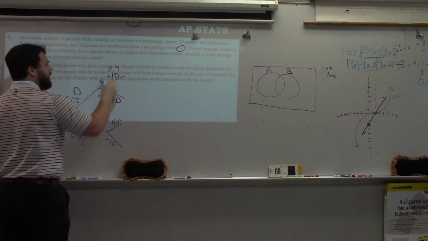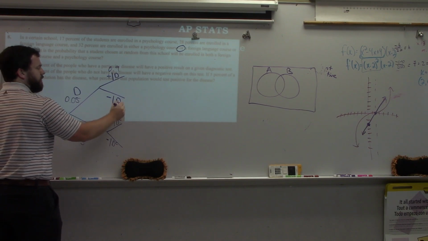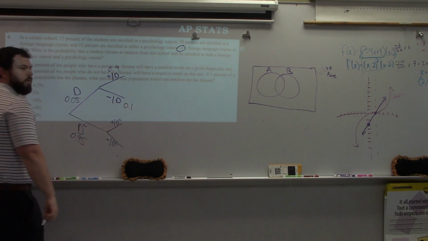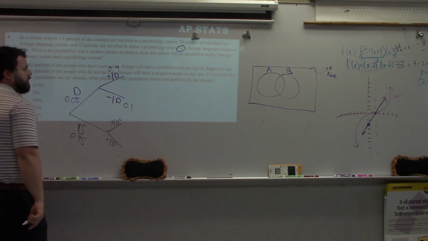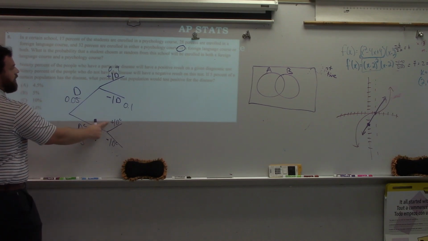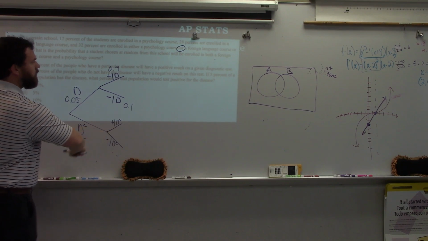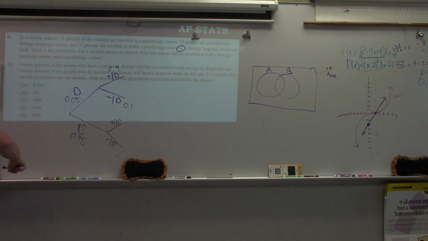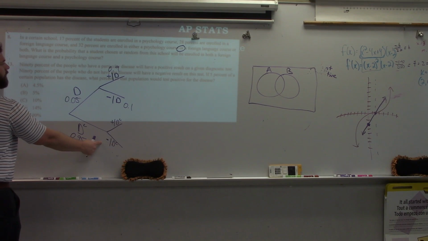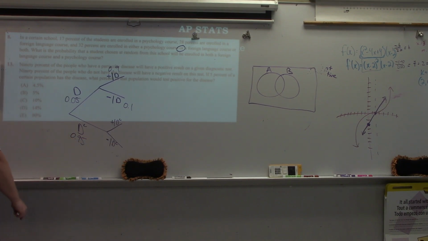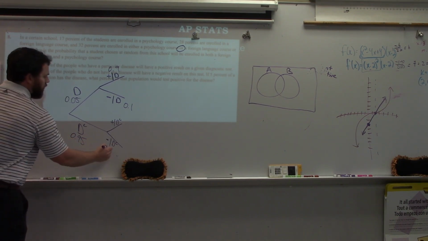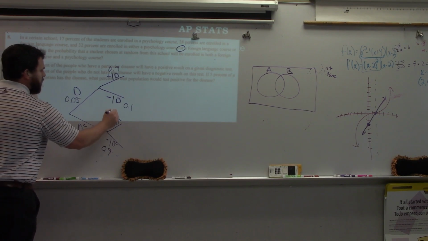So how many are testing negative given they do have the disease? Thank you. Do we know how many are testing positive given they don't have the disease? Not yet. I don't think we need it. You sure? Yeah, I think the data is relevant. How many test negative given they don't have the disease? 0.9. So this would be 0.1.